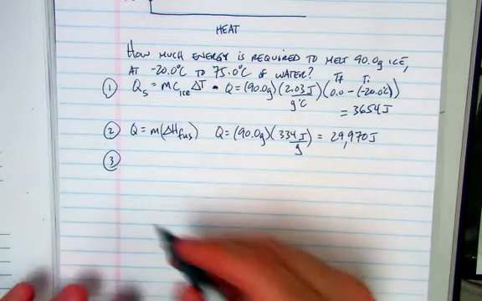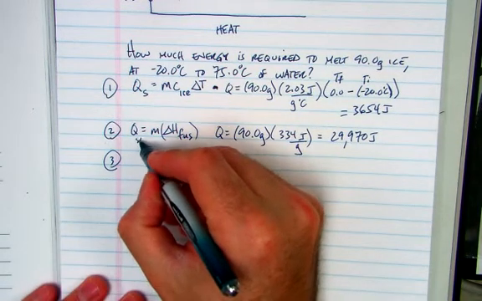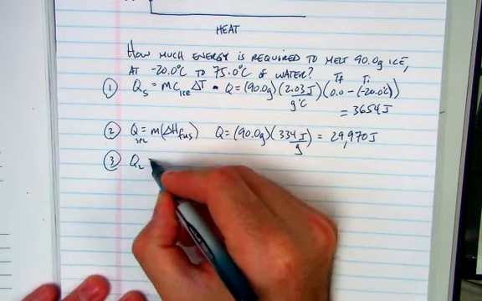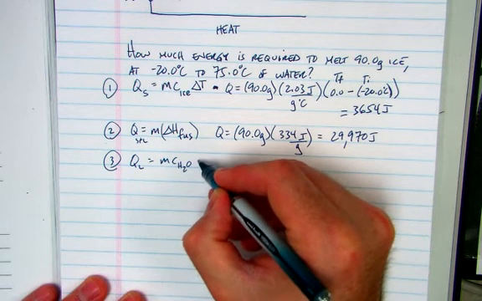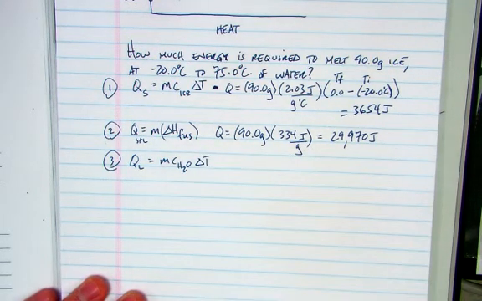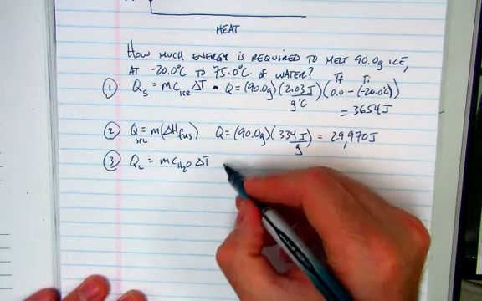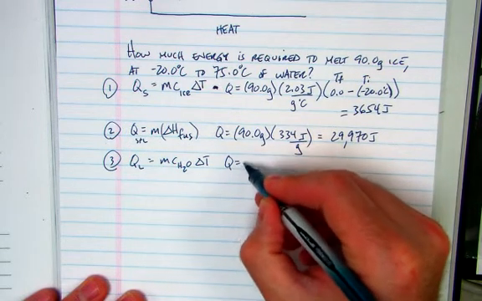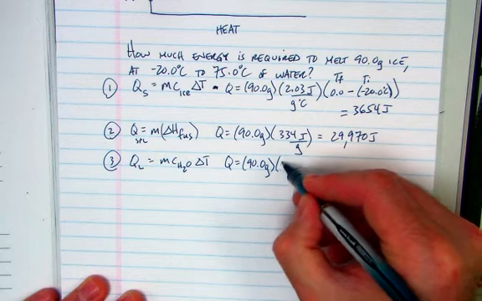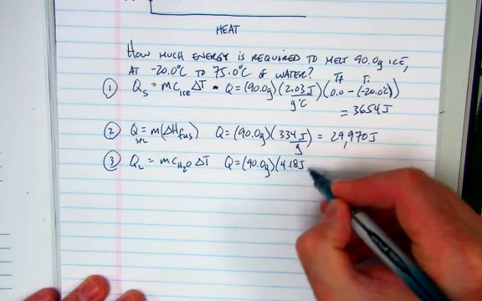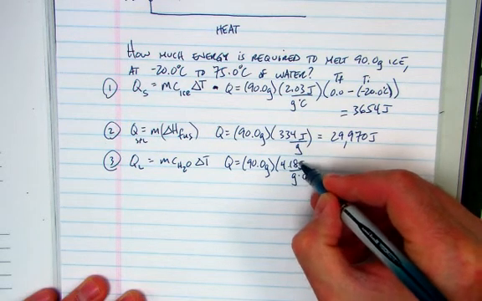So I've got Q of the liquid, and I'm going to go MC delta T. This is the specific heat of water, since we're in the water phase, or the liquid phase, I should say. So Q equals our mass, again, which is 90. Our specific heat of water, 4.18 joules per gram degree Celsius.